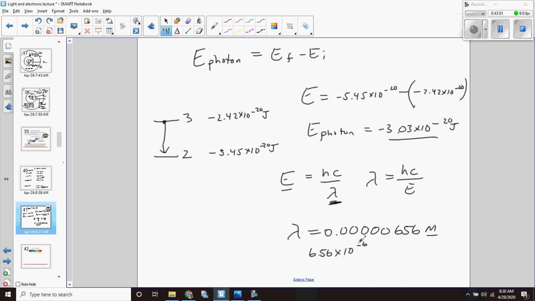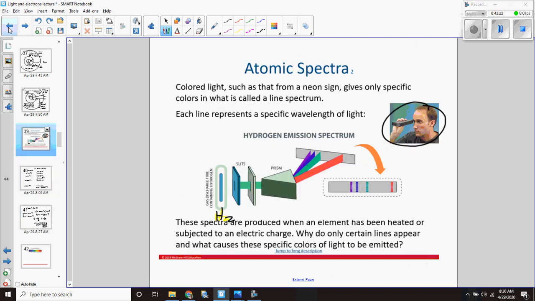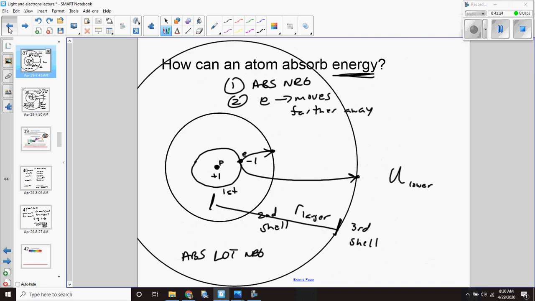If you put this into nanometers, it is 656 times 10 to the negative 9 meters, which is exactly the same as 656 nanometers. So 656 nanometers. Where have we seen that number before? Wait for it. There.